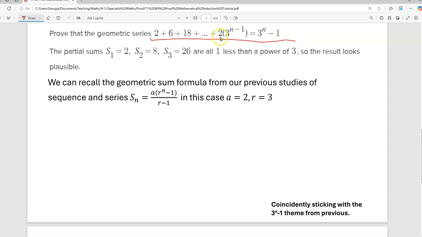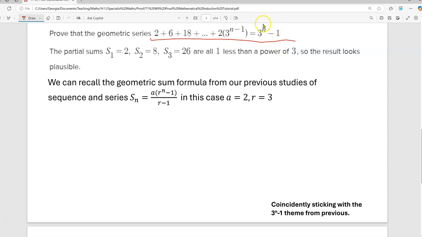Everything's being multiplied by 3 to some power. So that's 2 times 3 is 6. 6 times 3 is 18. And then to get to the nth term, that's 2 times 3 to the power of n minus 1.